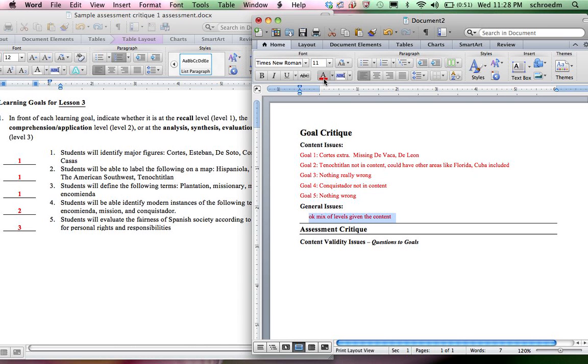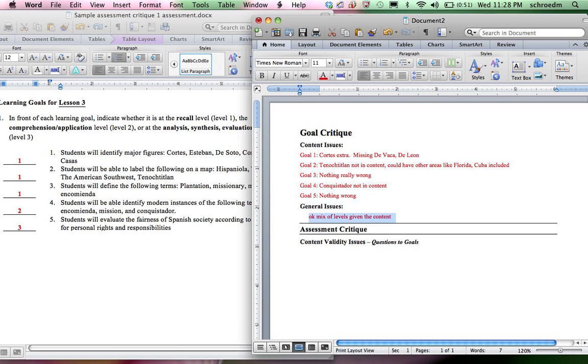I could also talk about things that are not in there, where if I wanted to talk about the different stratified levels of Spanish society, I could say that that's not in there, but it's tough to draw a line sometimes where you're getting too particular about every last detail in the content, and I don't want you to worry about that stuff too much. If you think it covers the main ideas and the main points, then it should be okay. But if you want to say something, I definitely wouldn't take off any points for it, and it might be on the safe side. So that's the goal critique.